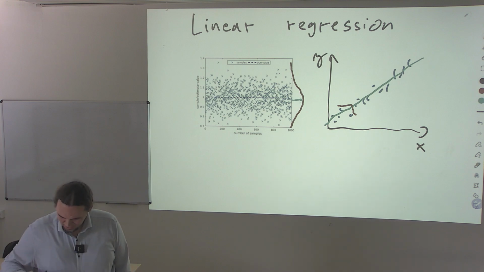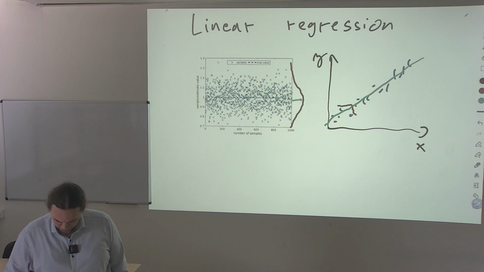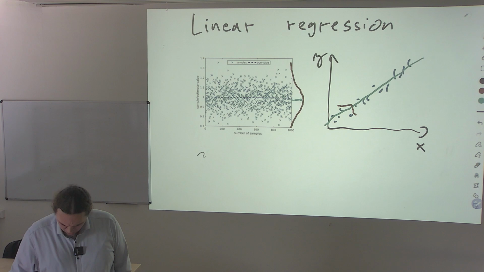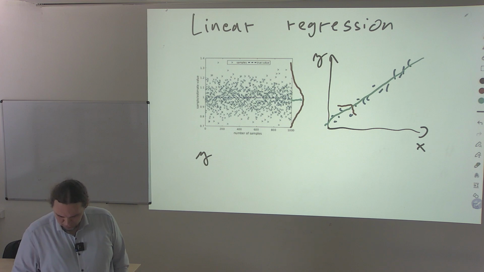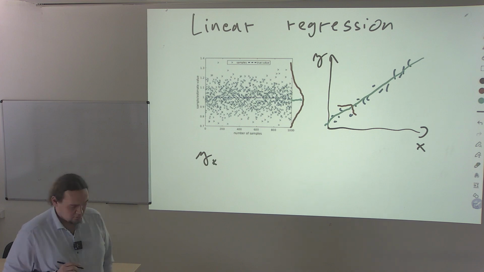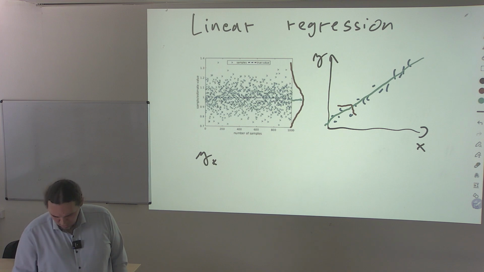It may not remind you of anything familiar, but it will in a second. How can we encode this? Let's say that we have some k-th observation.